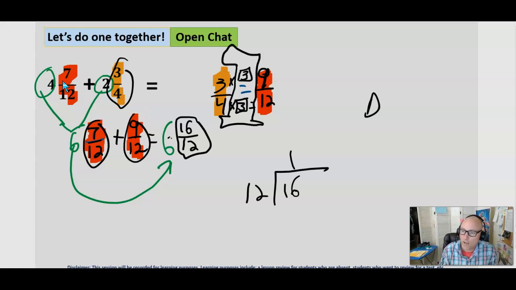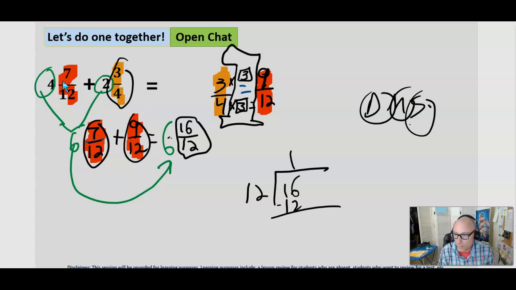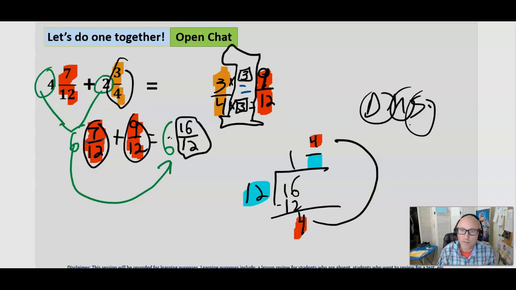See, divide, multiply, subtract. So we just divided. How many times does 12 go into 16? That's division, one time. Now multiply. 12 times 1 is 12. Now subtract. 4. And remember, put the remainder on the top, the divisor on the bottom.